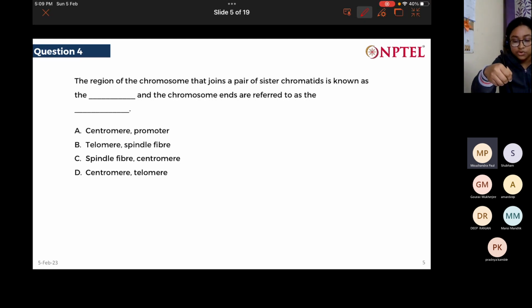The region of the chromosome that joins a pair of sister chromatids, which are exact copies. They are joined at the centromere, correct? So A has the centromere first, D has the centromere, and the chromosome ends are referred to as the telomere. So the correct answer will be D.